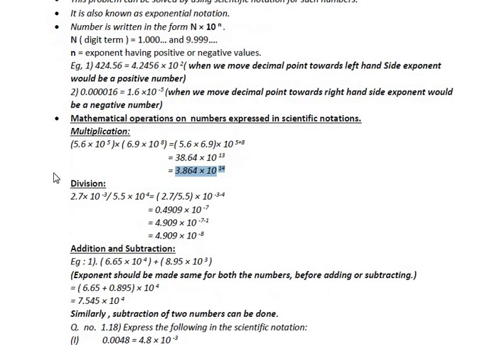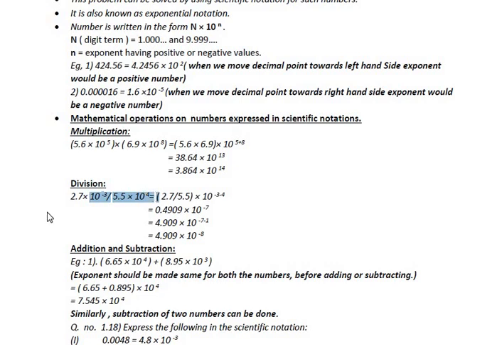The next mathematical operation that we are going to study is division of numbers in scientific notation. I have taken another example from NCERT itself. You have to divide 2.7 into 10 to the power minus 3 by 5.5 into 10 to the power 4.